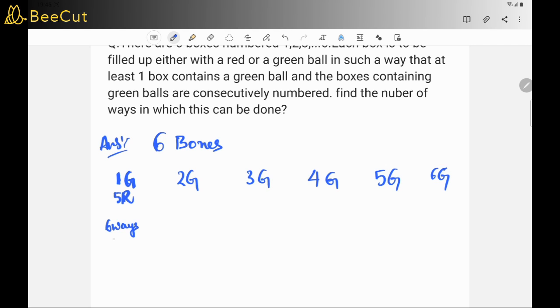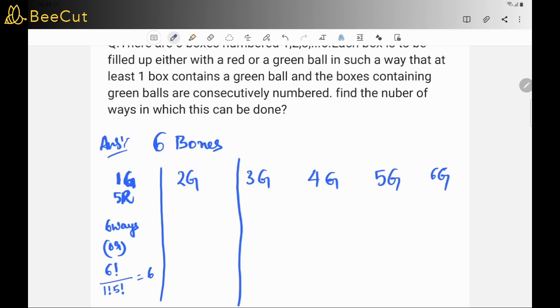Or else the other way to solve this is, we need to arrange one green and 5 red in 6 boxes. They can be arranged among themselves in 6 factorial ways, out of which 5 red are similar, so divided by 5 factorial. This will give you an answer of 6. This is case 1.